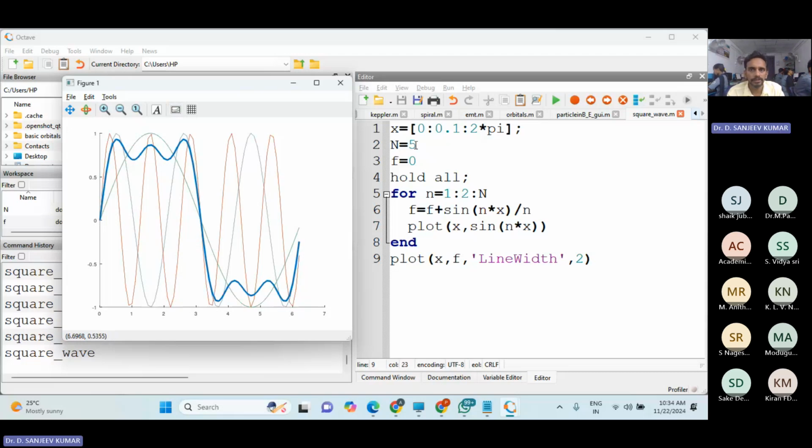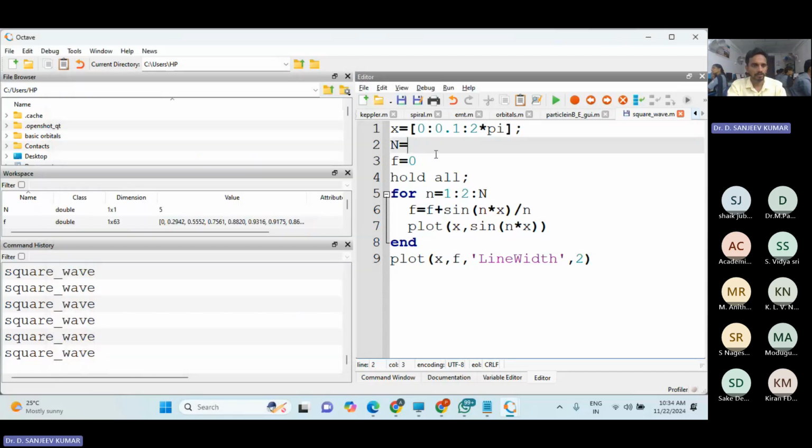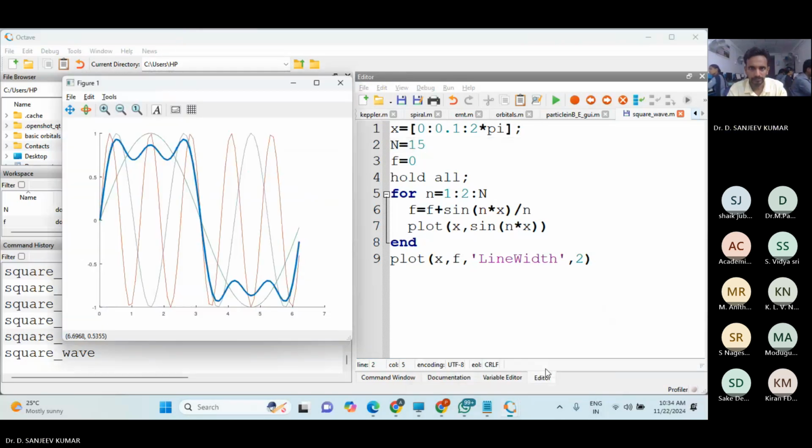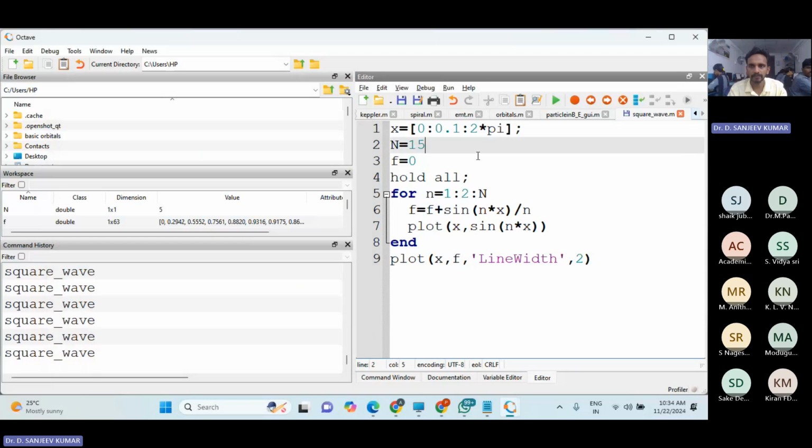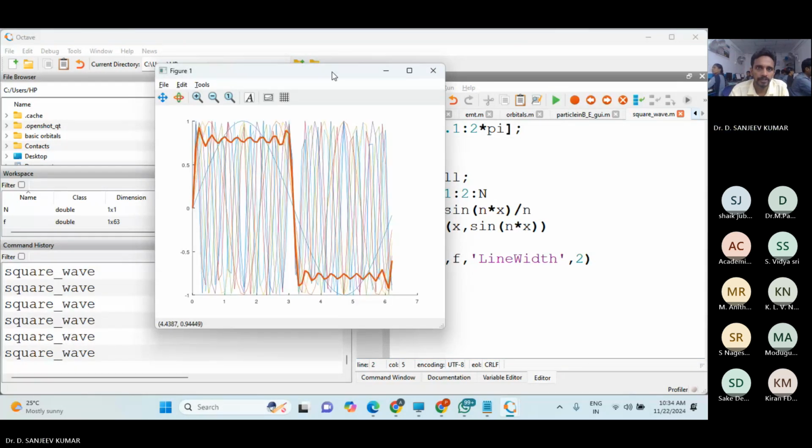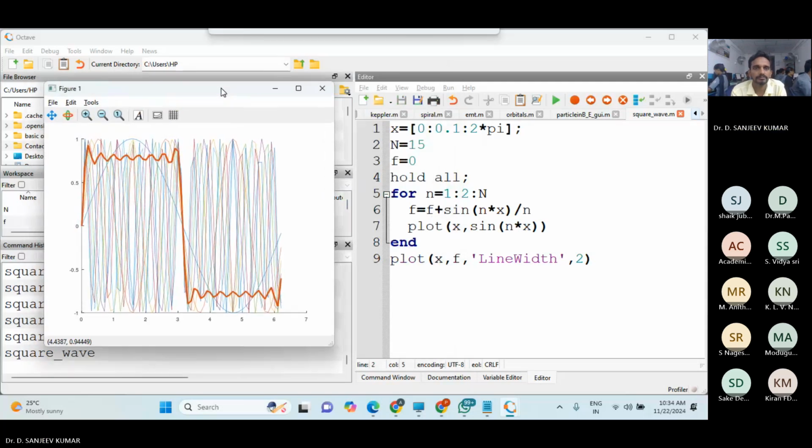If we increase the contribution of waves, the square wave becomes better and better. If I increase the capital N value to 15, I'll get a better square wave.